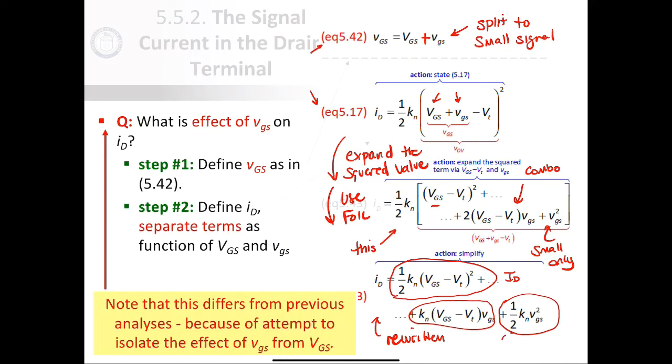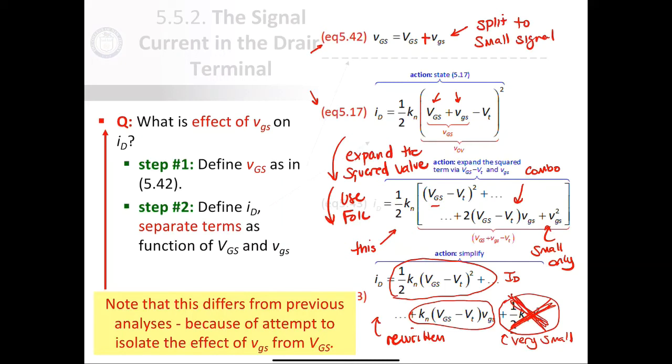Is this going to be a big or a small value? Little vgs itself is small. What happens when you take a small value and you square it? It becomes even smaller, right? So with a pretty high level of confidence, we can assume that the effect of this last component is going to be minimal.